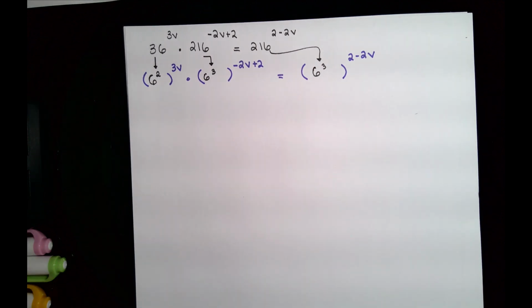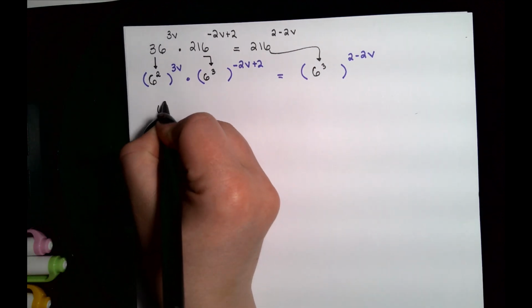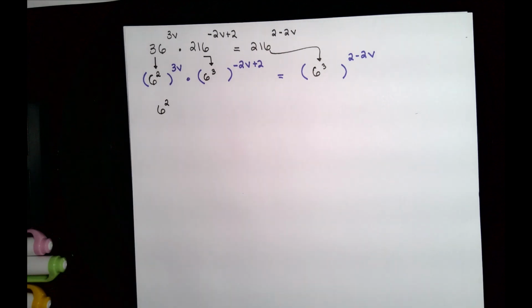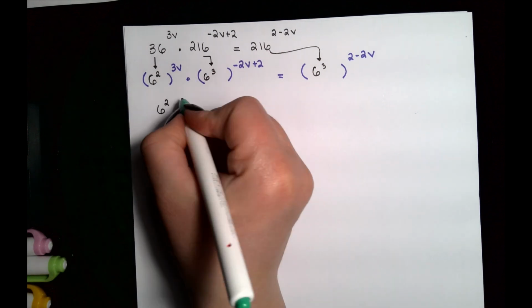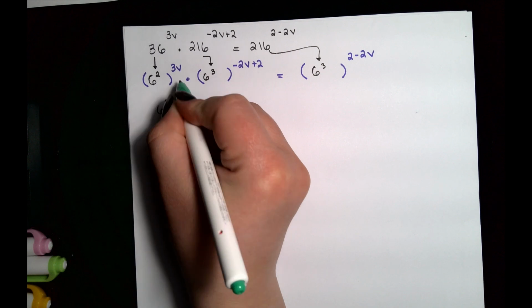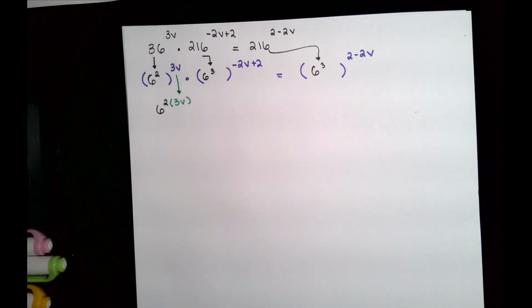Next, again, this is very important. You're going to copy down the base and the exponent and move the parentheses around your original exponent. It's kind of like shifting and picking this up.